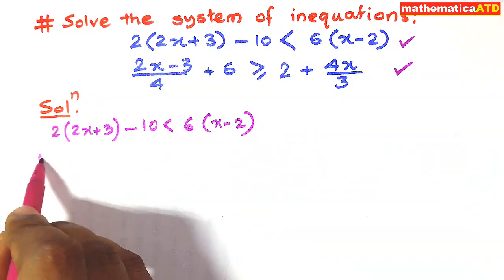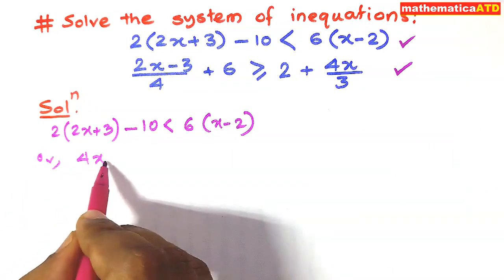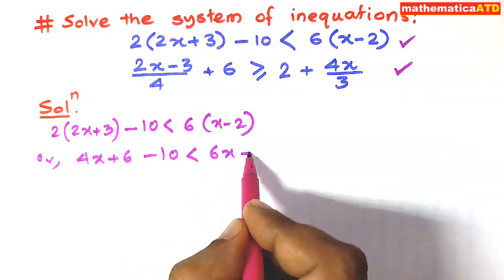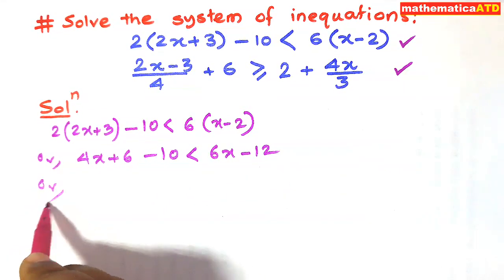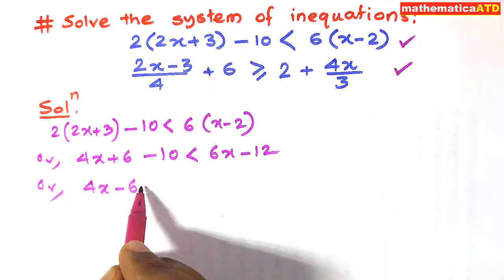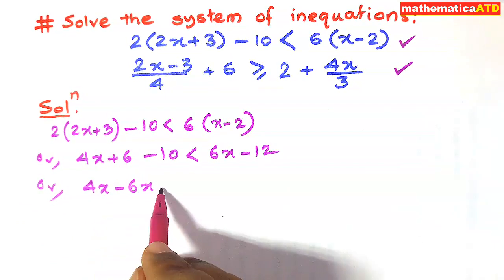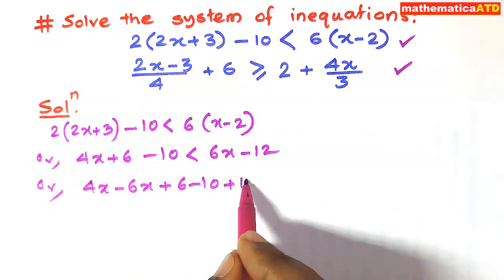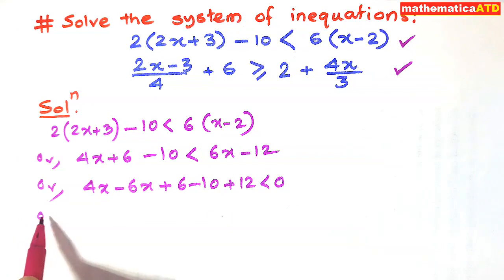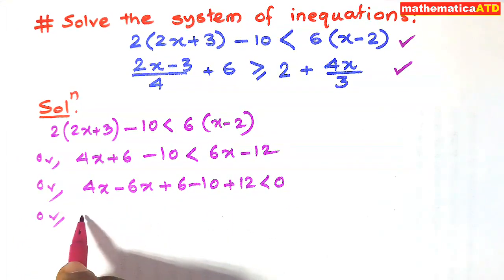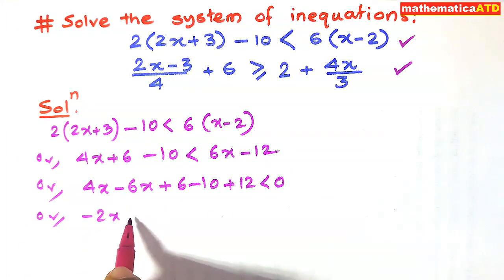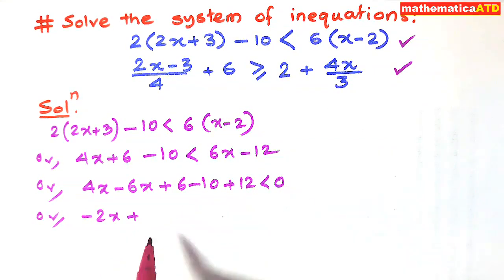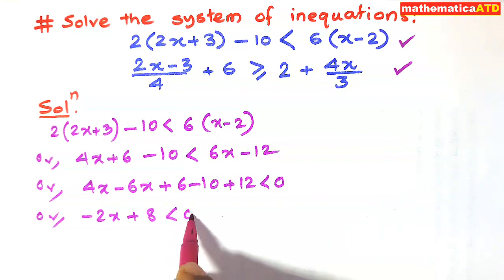Okay, or we can write 4x plus 6 minus 10 is less than 6x minus 12, or 4x minus 6x plus 6 minus 10 plus 12 is less than 0, or 4x minus 6x, that means minus 2x, plus 6 plus 12, that is 18, minus 10 is 8, less than 0.